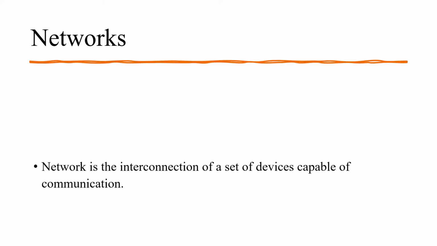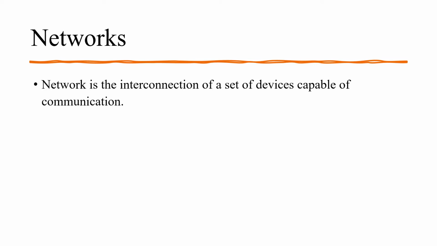Networks. A network is an interconnection of a set of devices capable of communication. A device can be a host, such as a large computer, desktop, laptop, workstation, cellular phone, or a security system.